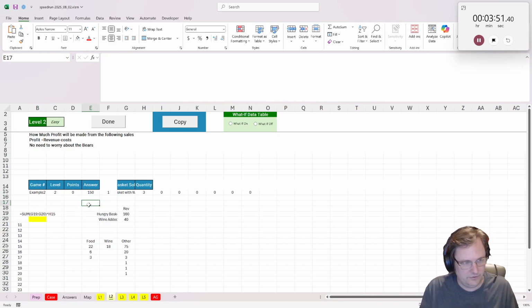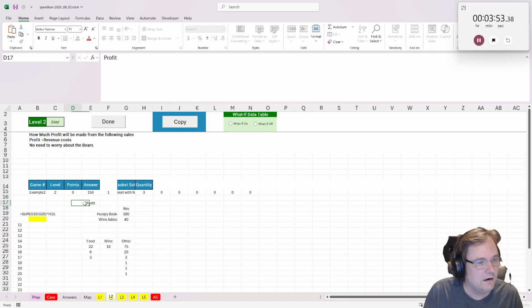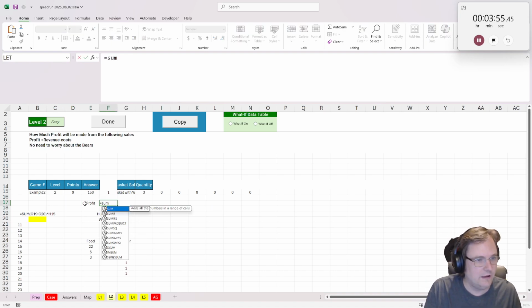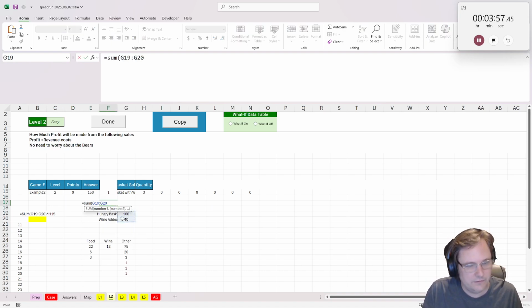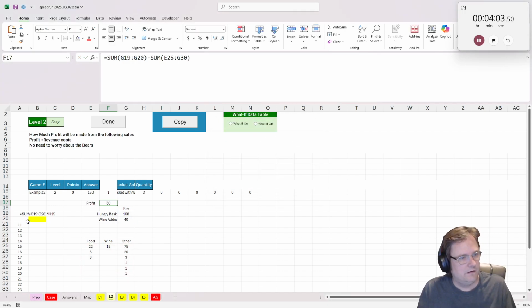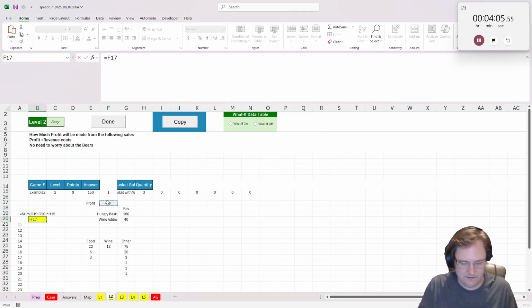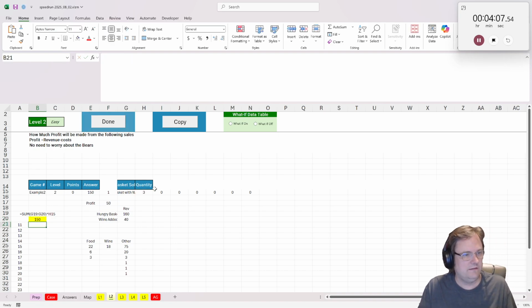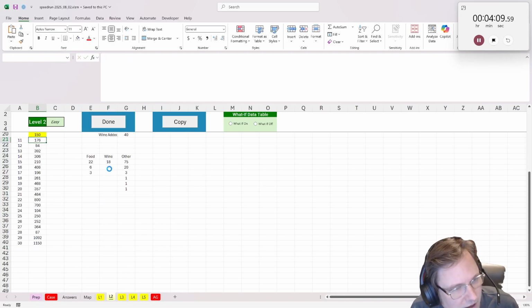So I'm going to put the profit for one here, right? So the profit for one is the revenue minus the cost. That's the profit for one basket. So that times the quantity is the profit.